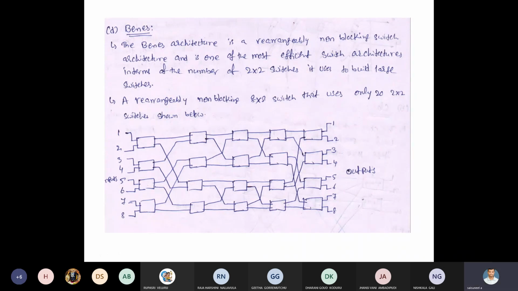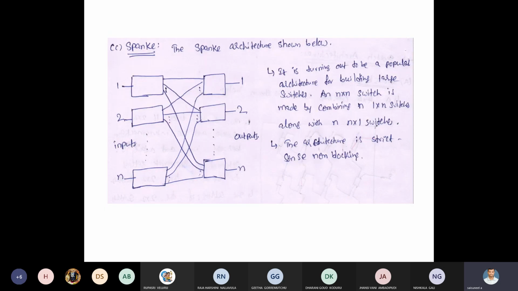Next we are going for the Benes network. Why are we going for this Benes network? What is the use? Here in this Benes network, we first decrease the number of switches. In the Spanke network, each customer required one switch.